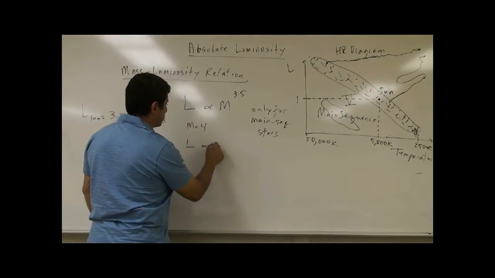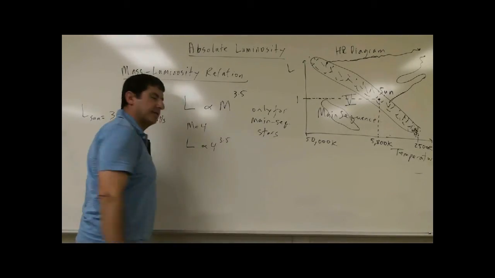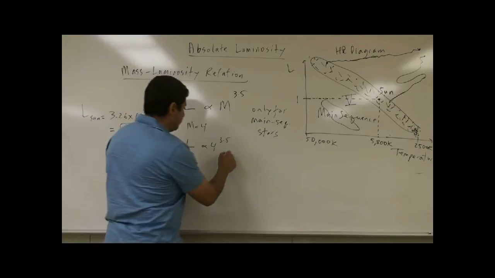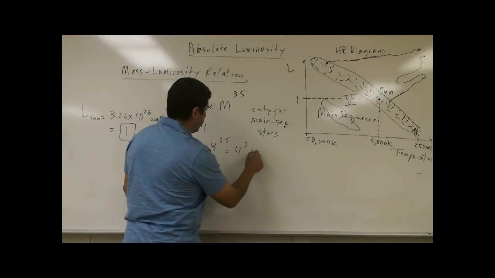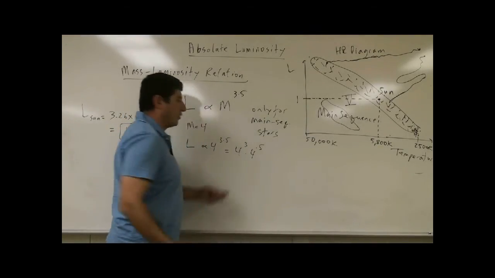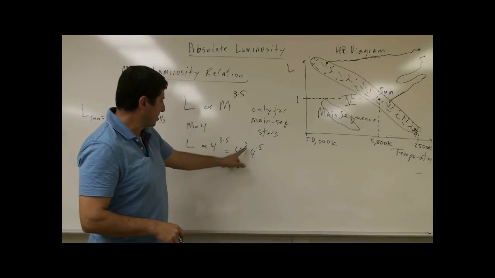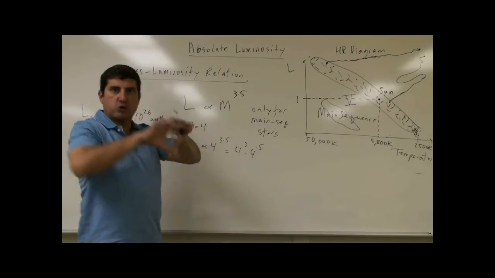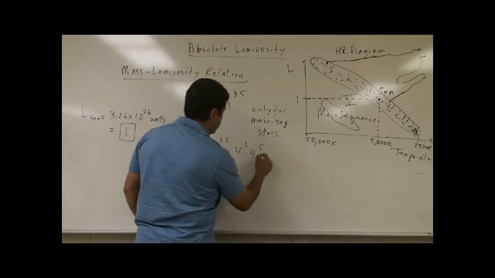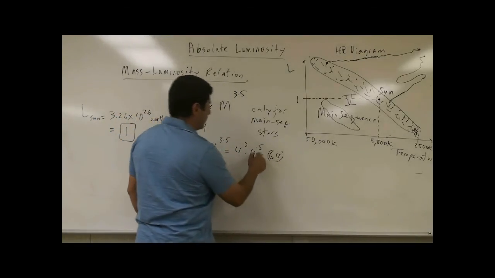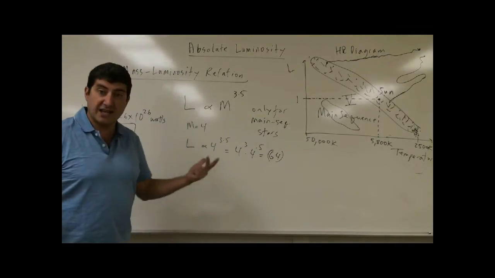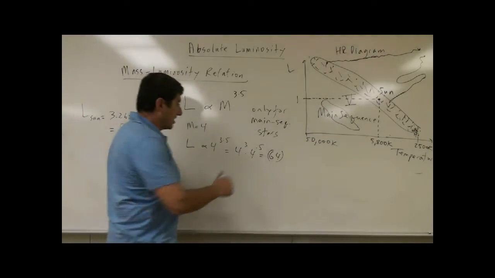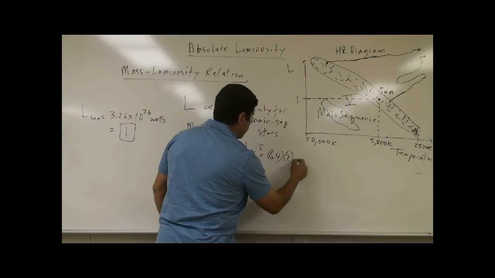Luminosity is proportional to 4 to the power 3.5. So what would that be? 4 cubed times 4 to the power 1/2. One of the ways you can consider this is you can separate the 3, separate the 0.5, and do them separately. 4 cubed is 64. 4 to the 0.5 power is like saying square root, so that's like 2.